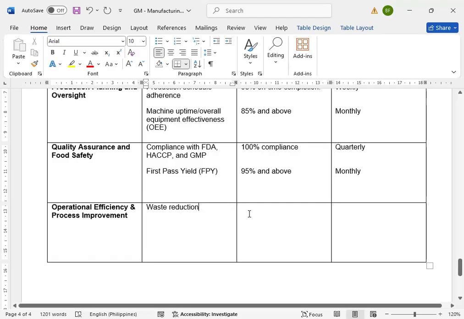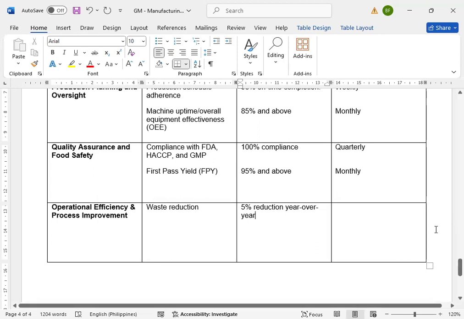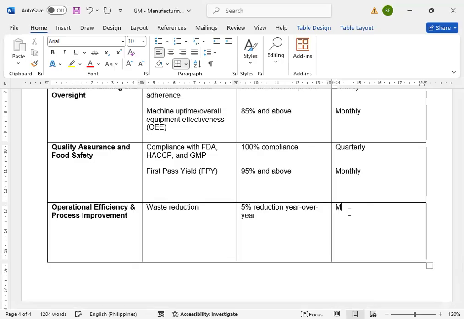Okay, so this would be a 5% reduction year over year. Okay, year over year. And we should be doing this monthly. Make sure that there are no issues.